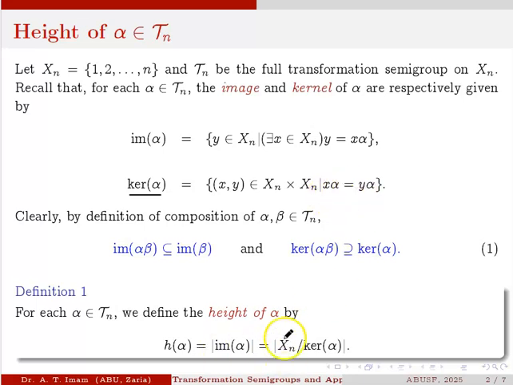Therefore, the number of kernel blocks, or the number of elements in the partition of Xn by alpha, will be exactly the number of images. And that is why the height of alpha is also equal to the cardinality of Xn by kernel of alpha.